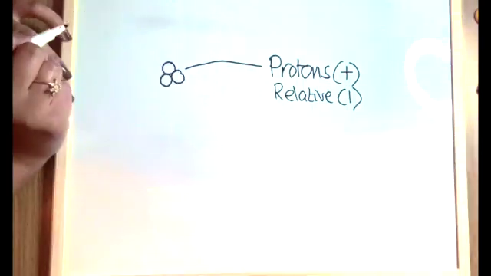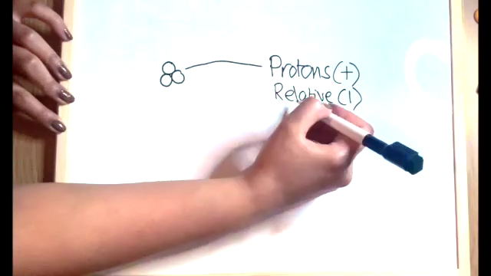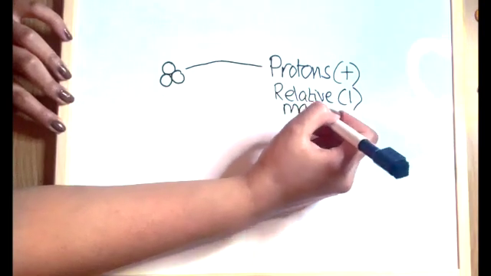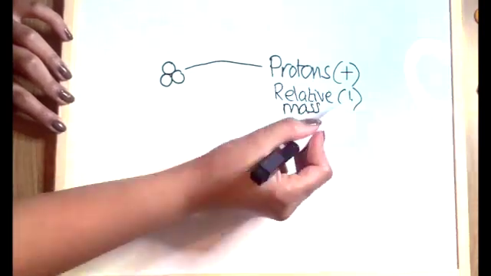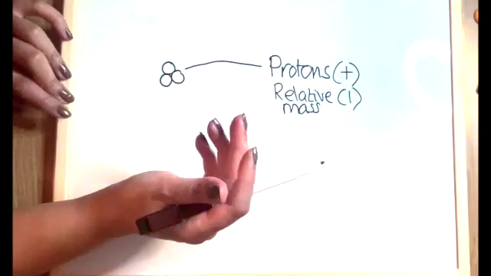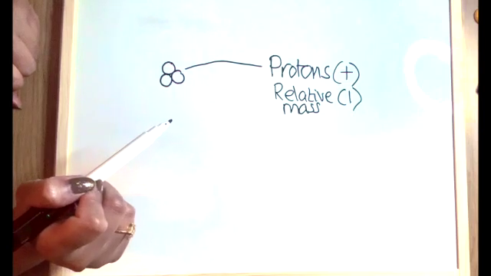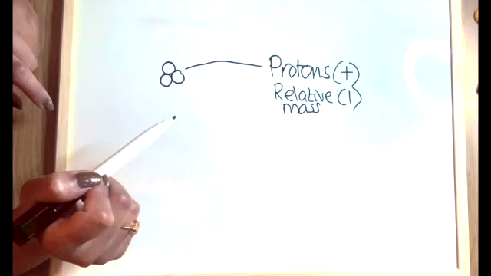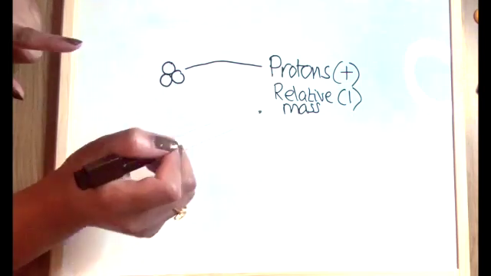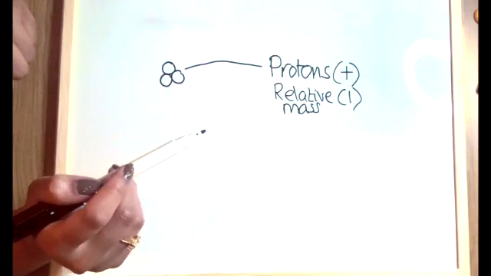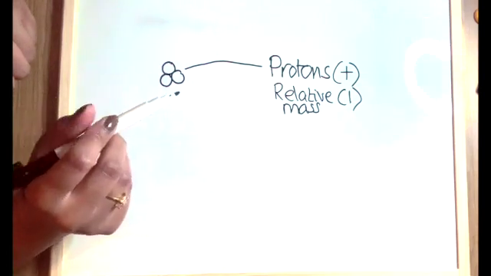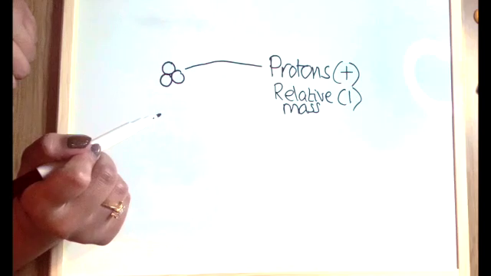When we look at the mass of the other subatomic particles, we will compare them to the proton. If a proton is 1, we compare what the mass of the other particles would be relative to a proton. So that's one of the types of particles that we have.